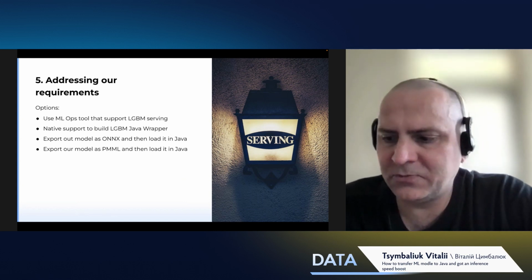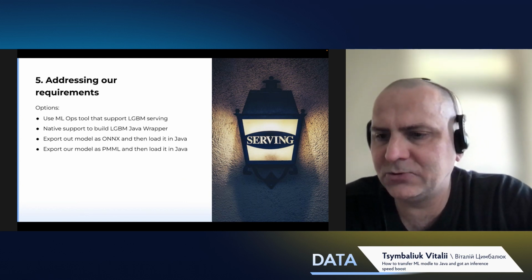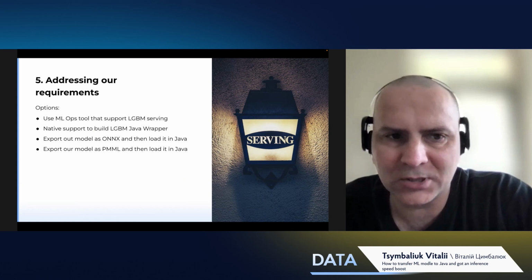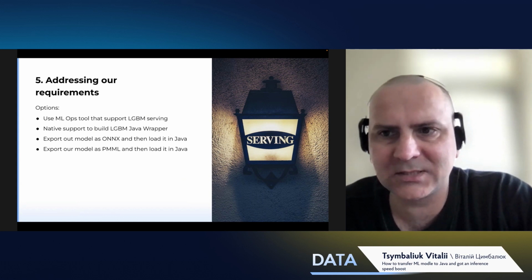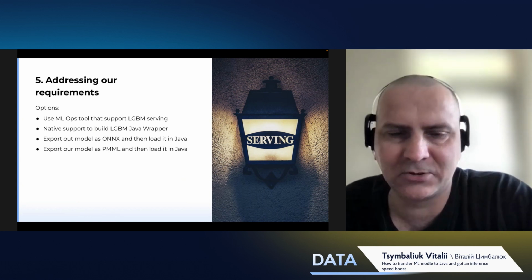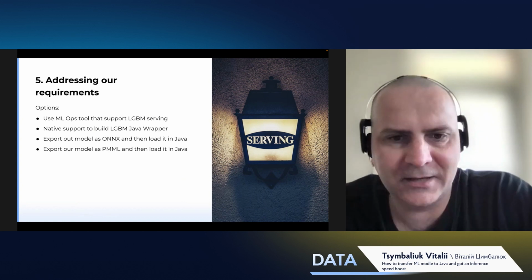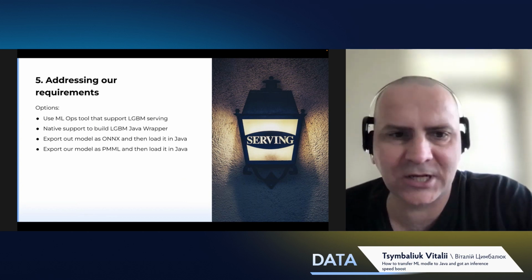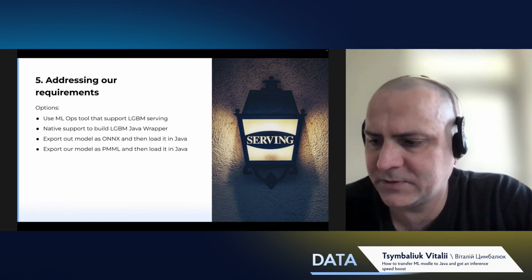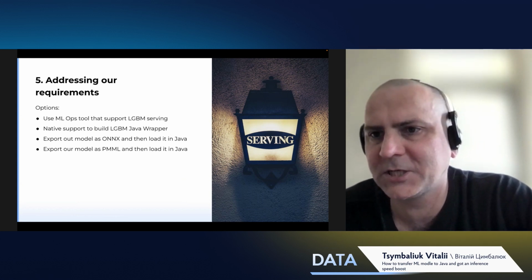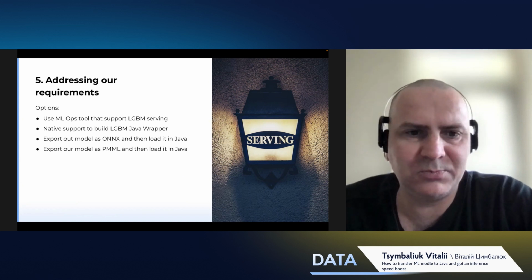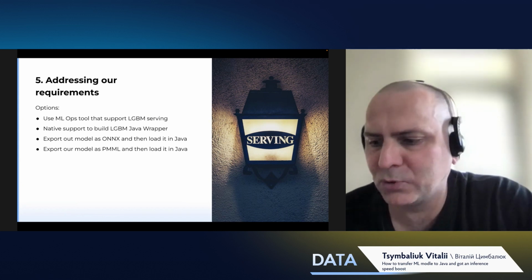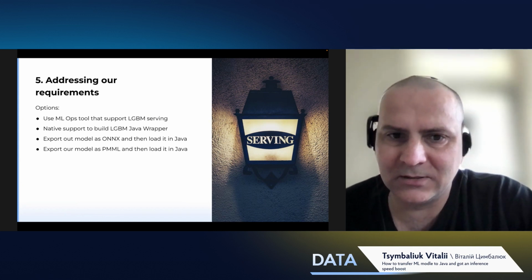Another way for us was to export our trained model to some format that can be imported on the Java side and work there. We looked at ONNX, which is Open Neural Network Exchange, and also we looked at PMML, the Predictive Model Markup Language.